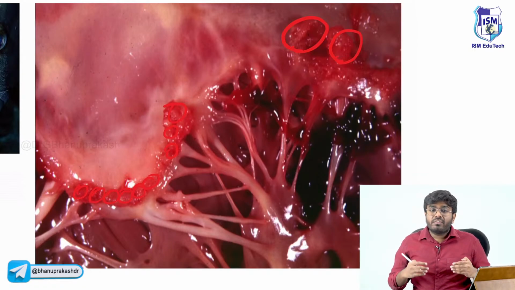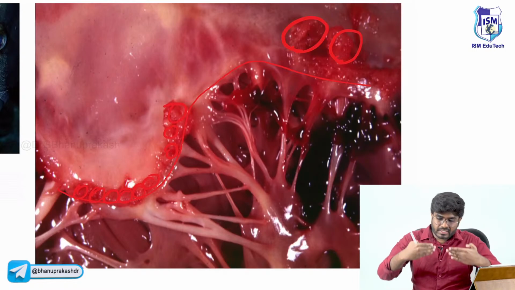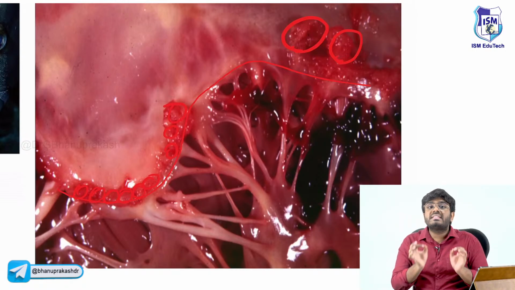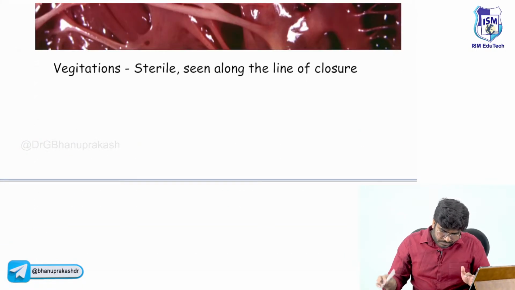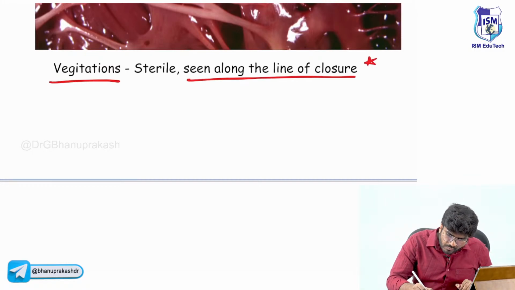In the mitral valve, along the line of closure. That's the exact place. Imagine these are the two mitral valve leaflets. Wherever they close, these areas are getting damaged because of the inflammation. Along the line of closure you will see these vegetations, MCQ.